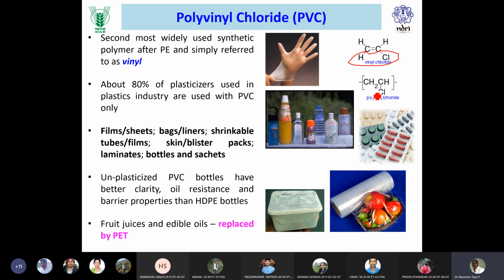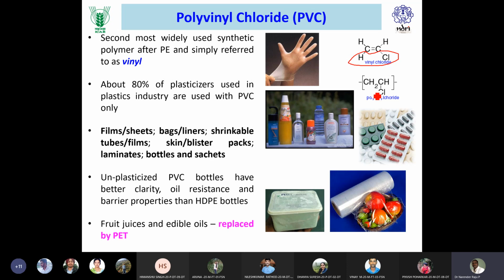So any food packaging material should be inert, but this has a tendency to interact with the food material and may cause changes in the food or changes in the polymeric structure. So you can end up with different properties, maybe sometimes harmful too.